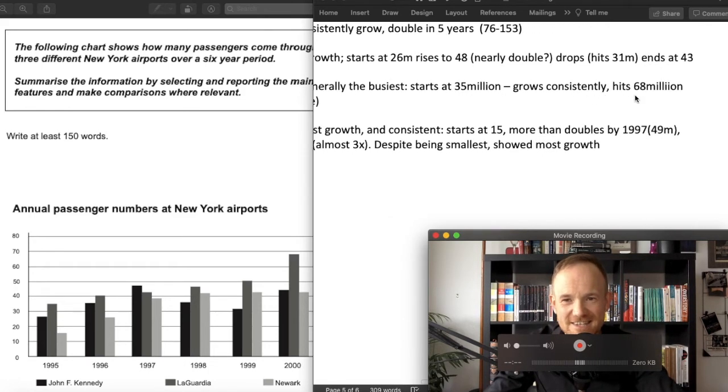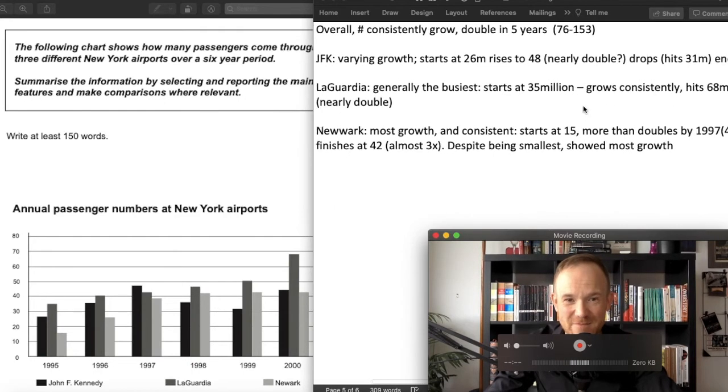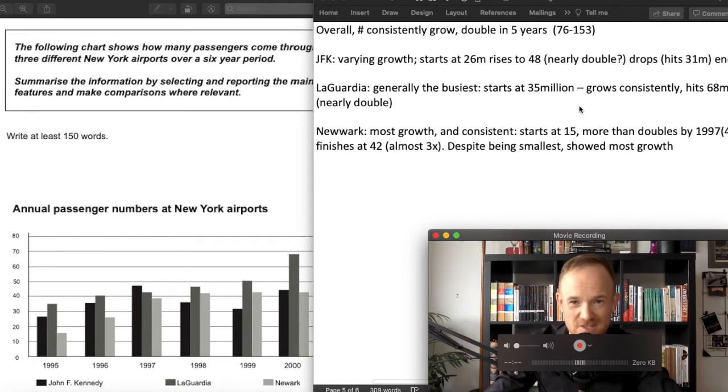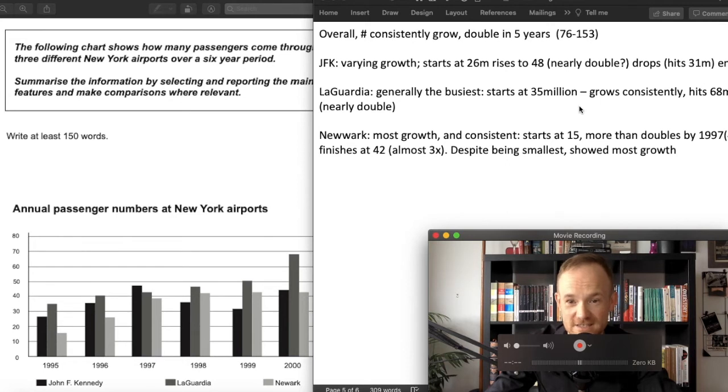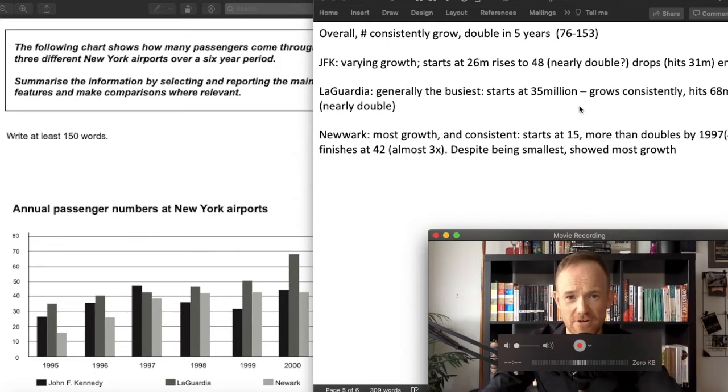It hits 68 million, nearly doubling. So it goes from 35 to 68. I'm going to call that nearly double. Again, you don't have to be super, super precise. So these words like nearly, roughly, approximately can be very helpful.